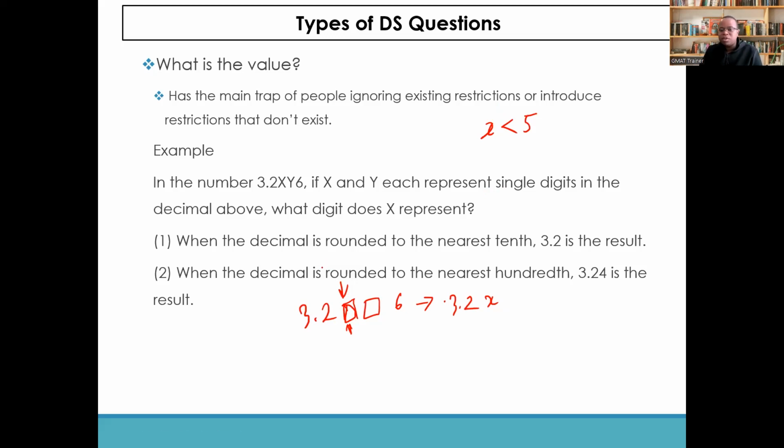But if it's 5 and above, it rounds up to the next integer. So given this situation, x is less than 5. So which means that x is what? 4, 3, 2, 1, and 0. Because you have multiple values here, this one in itself is not sufficient.